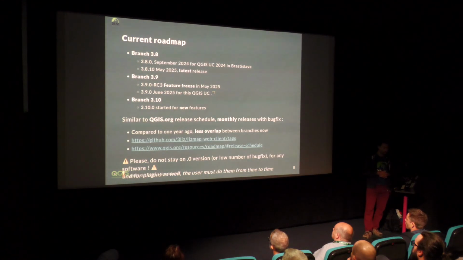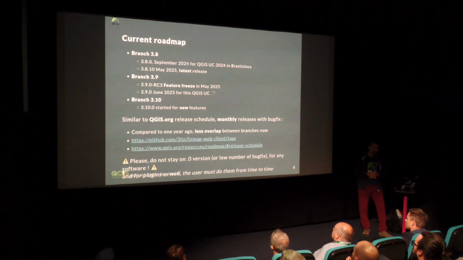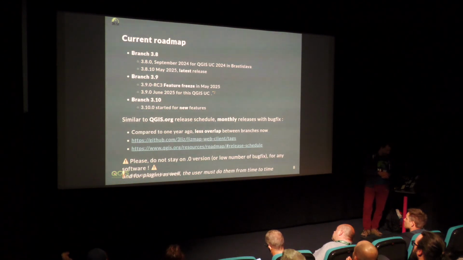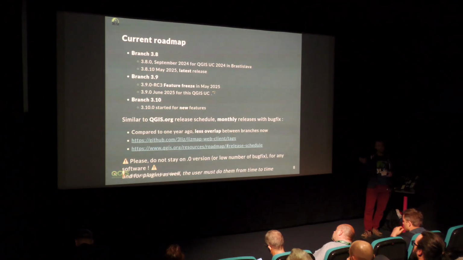Branch 3.9 will be released really soon, like I think when I get back to France, more or less, next week or in 2 weeks. My colleagues are just busy polishing things, and we are already at the third feature freeze version. And as 3.9 is in feature freeze, we have started branch 3.10 for new developments.